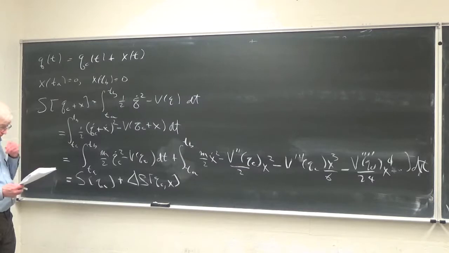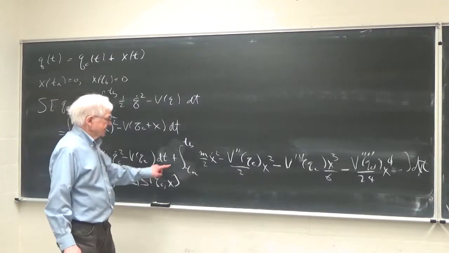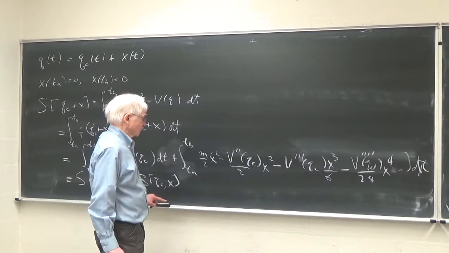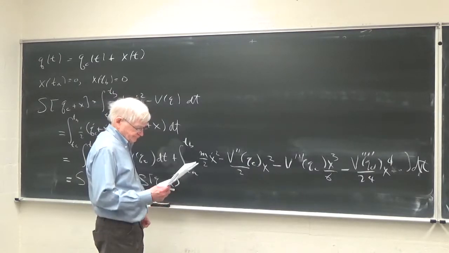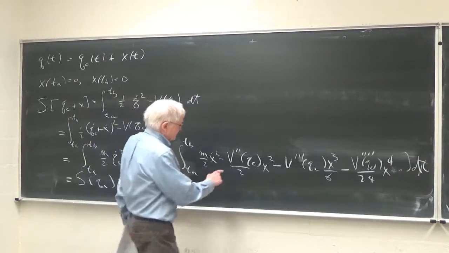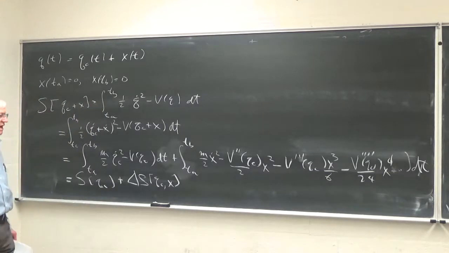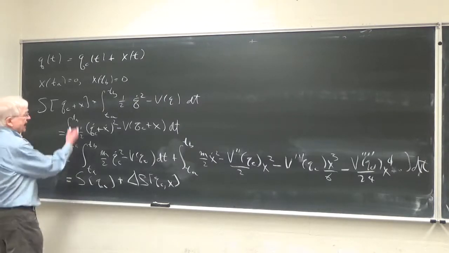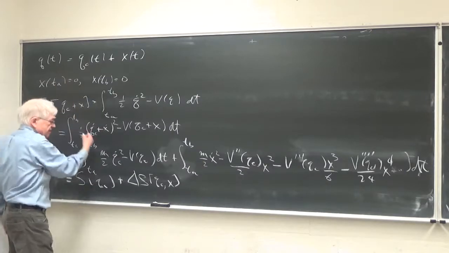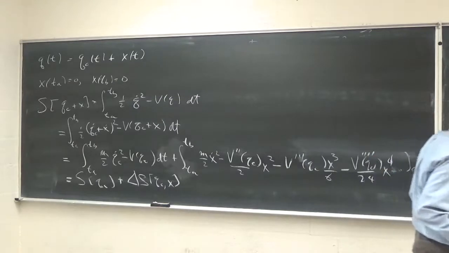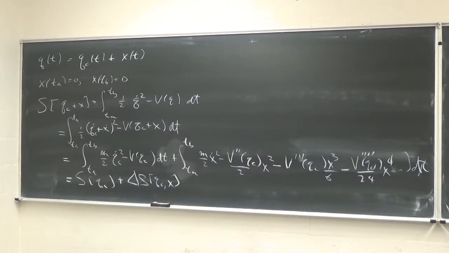Okay. Now, the point is that this V double prime is actually independent of q classical. I wrote parentheses q classical, but in fact, what I've written so far is generally true, whether or not V is quadratic or not.